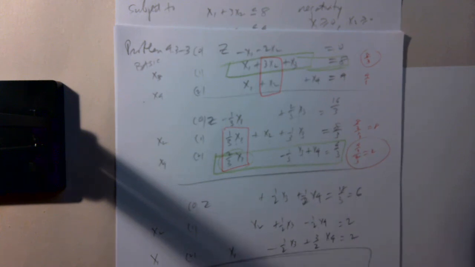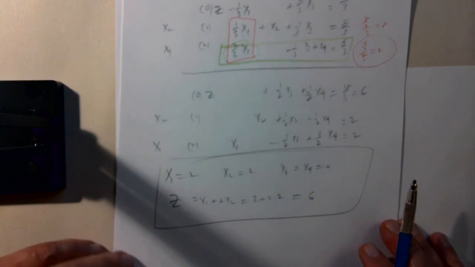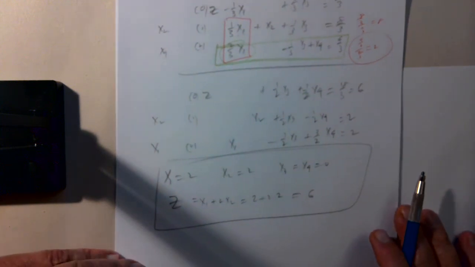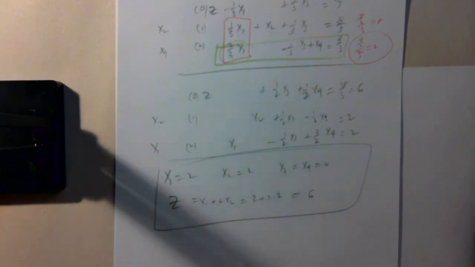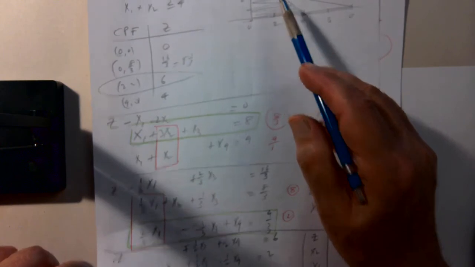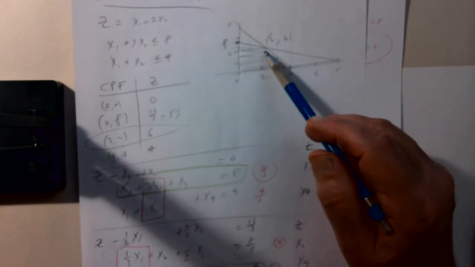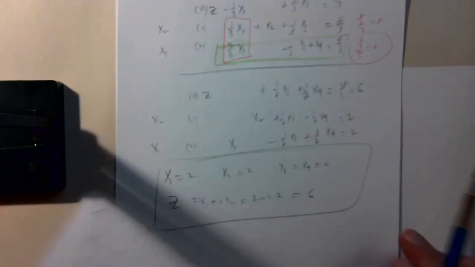So this is the solution. Exactly what we got by the graphical method. The corner point 2, 2 is the solution, and the maximum value for z is 6.